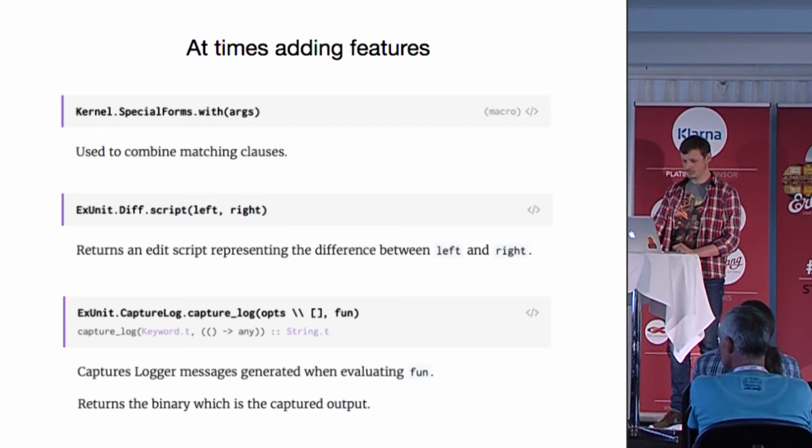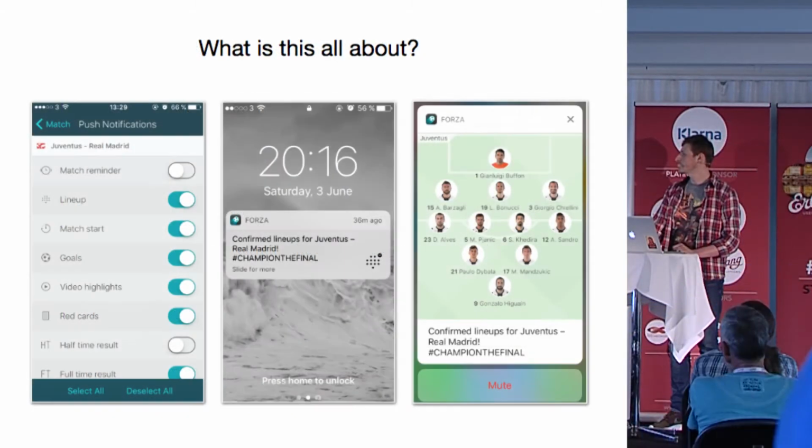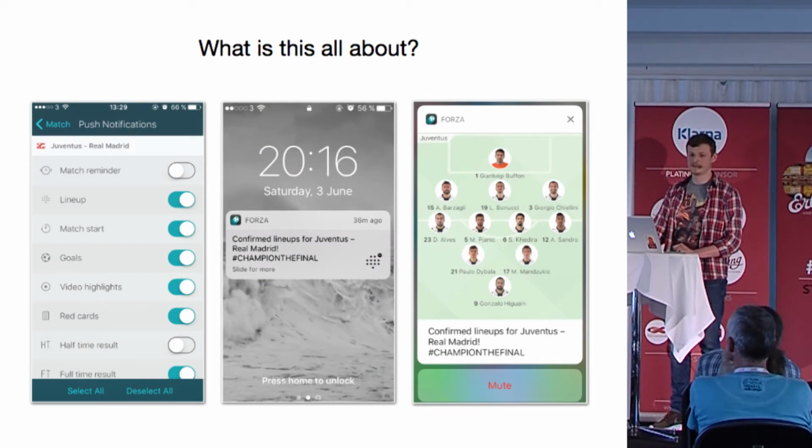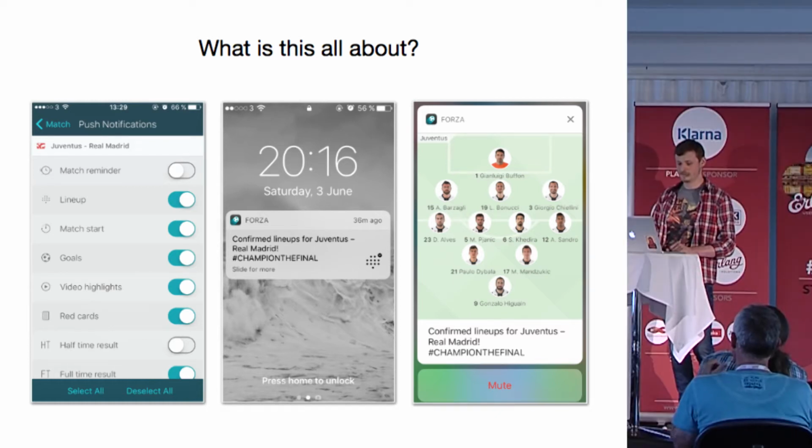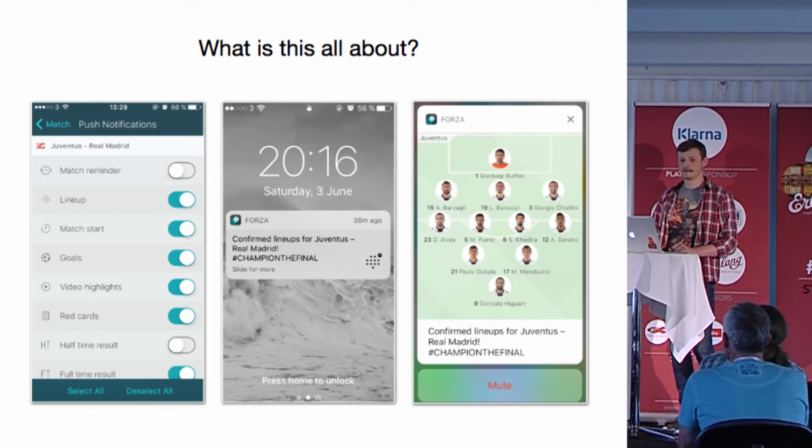But what I will talk about is the push system for the football application for mobile devices. And these screenshots show what this feature actually looks like for the end user. So you can subscribe to push notification events like match start, goal, all live events that may happen in a game.